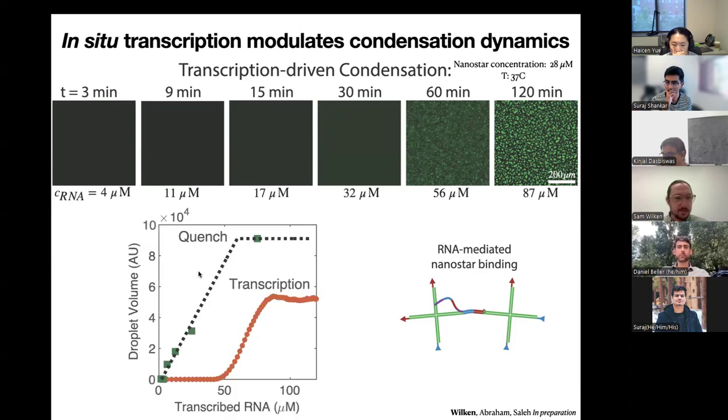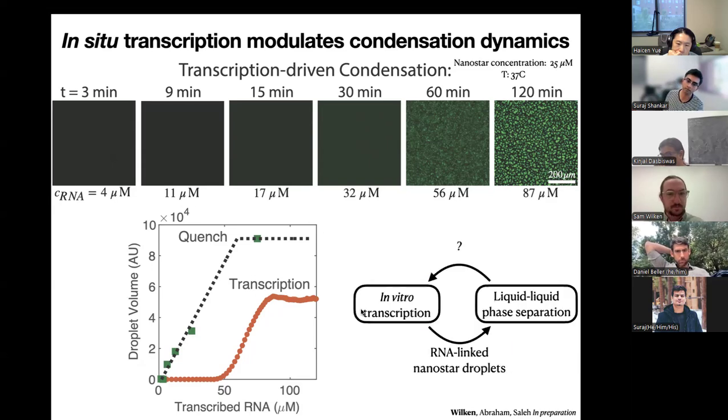And so if you plot again this total condensed volume as a function of transcribed RNA for the transcription process, there's this significant delay time that really is emphasized in this nonlinear response of the phase separation to the transcription process. And so here the droplets are saturated as well, but at later times.